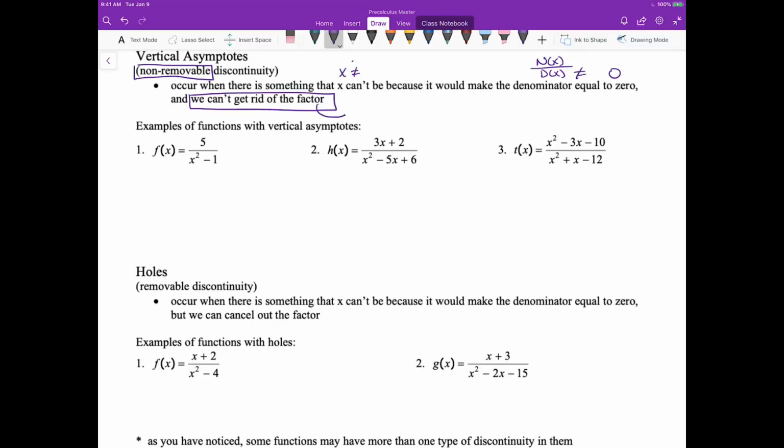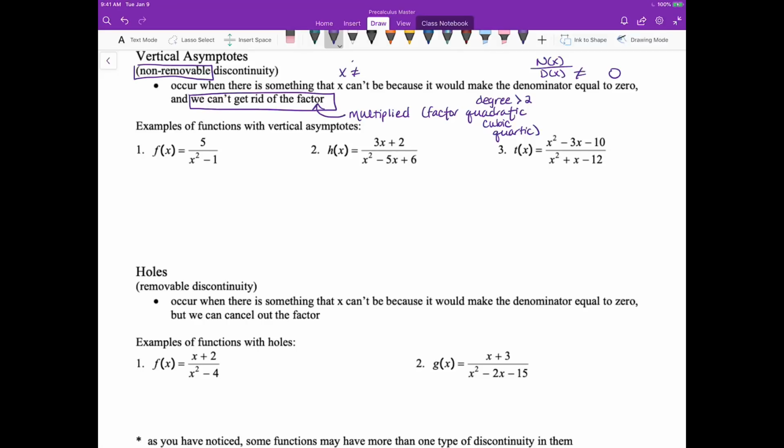And recall, a factor is something that's being multiplied. And we factor quadratic equations, right? Quadratic and cubic, quartic equations, those equations with a degree greater than 2.